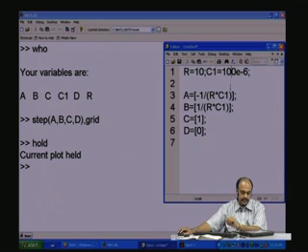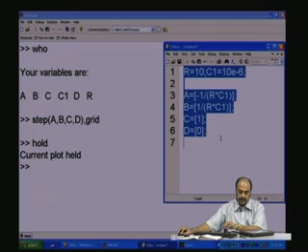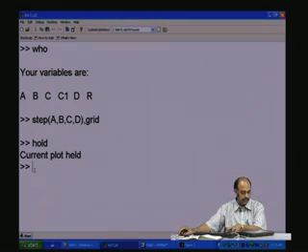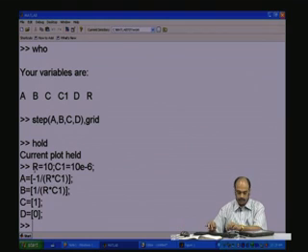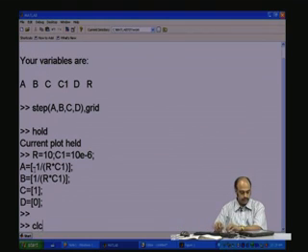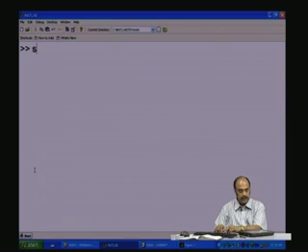For example, let us say instead of 100 microfarads, let us make this 10 microfarads. So, after having made 10 microfarads, we again load the fresh model to MATLAB, paste, yes, and then again we give step A, comma B, comma C, comma D along with grid.